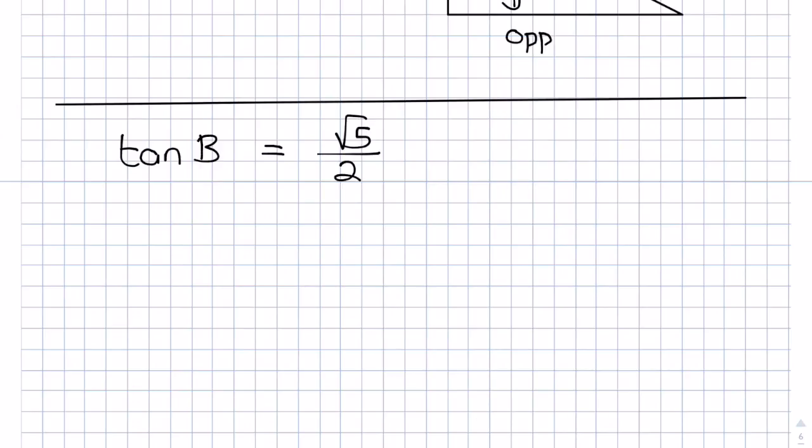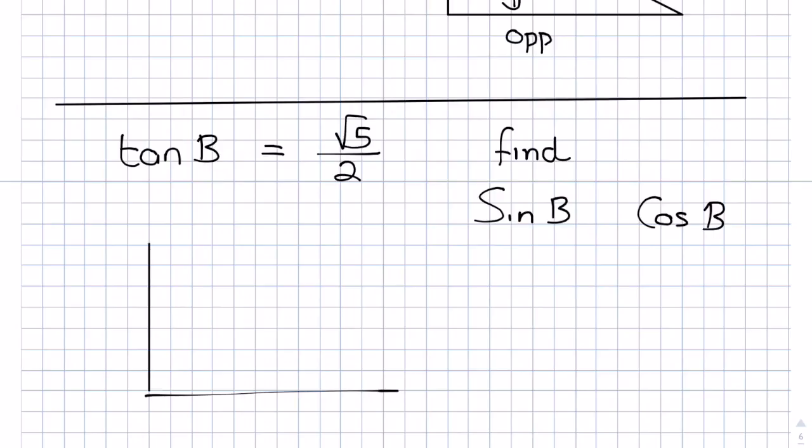And they'll say to you, find sine B and cosine B. Well, you might be tempted to start getting your calculator out and saying what's root 5 over 2 and then getting inverse tan and so on. That's a bit too complicated. Don't even be thinking of that. Basically, draw yourself a triangle. A lot of these problems can be solved with a simple picture. And I always recommend you draw a picture.